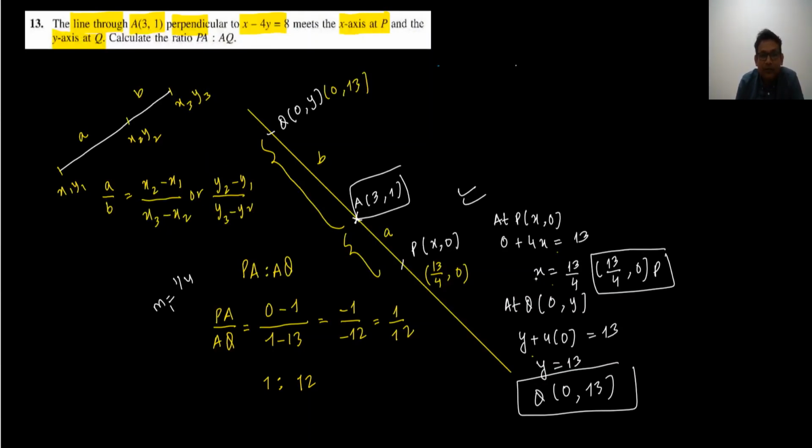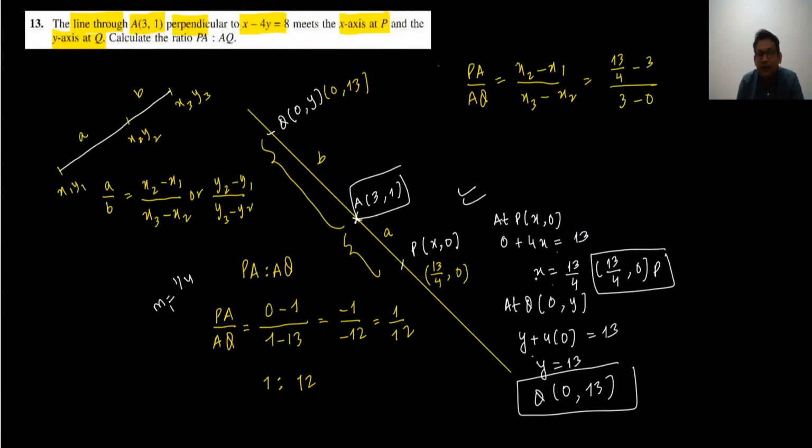If I use PA upon AQ with x instead of y, like x2 minus x1 divided by x3 minus x2, so x2 minus x1 means I have to write here 13 minus 13 upon 4, minus 3 divided by 3 minus 0.